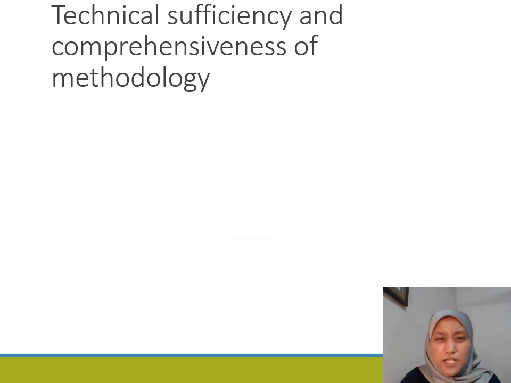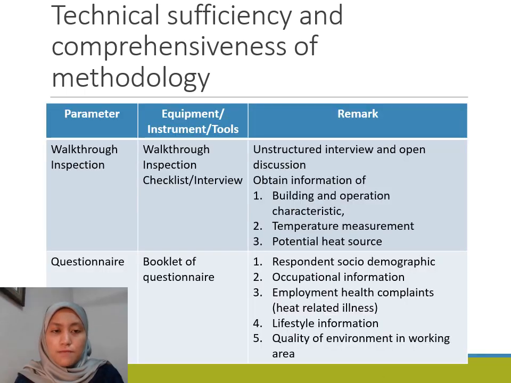Okay. Then we move to the methodology part, the sufficiency of the technical part. For the methodology, they are describing based on the parameter. First is the walkthrough inspection, where they have a checklist adapted from the ACGIH 1962, and they are doing an unstructured interview and open discussion.